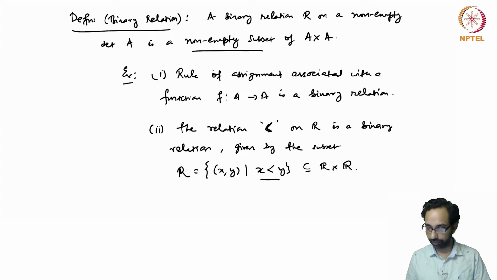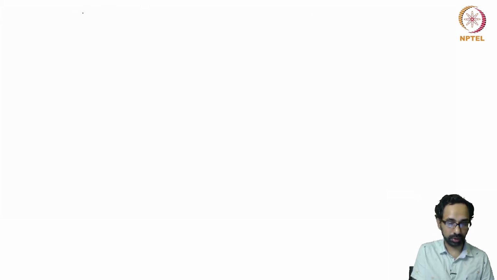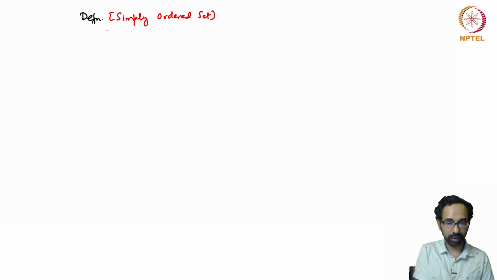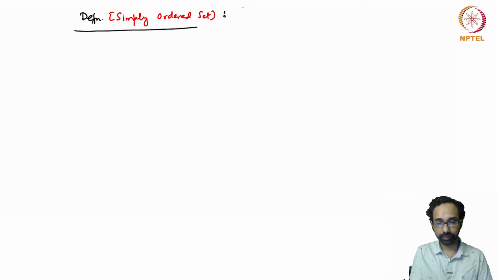So this is the concept of a binary relation, and now we come to the definition of a simply ordered set. So let A be a non-empty set.